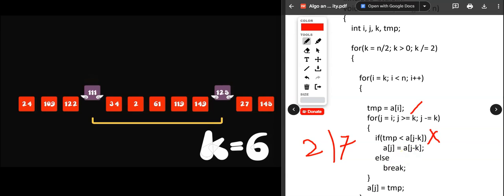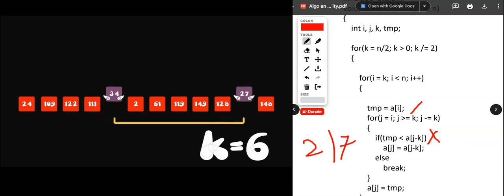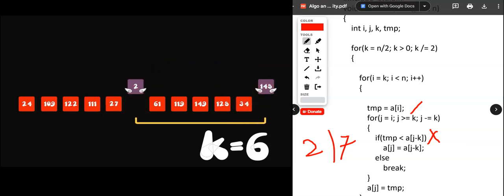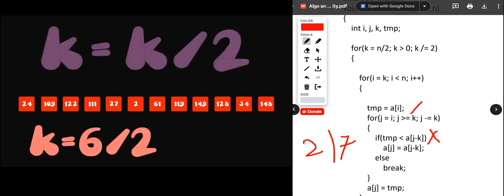That's why it is left as it is. Next, 34 and 27. 27 is lower, so the exchange takes place. Again you can see 2 and 145. So I hope you understand what actually happened.